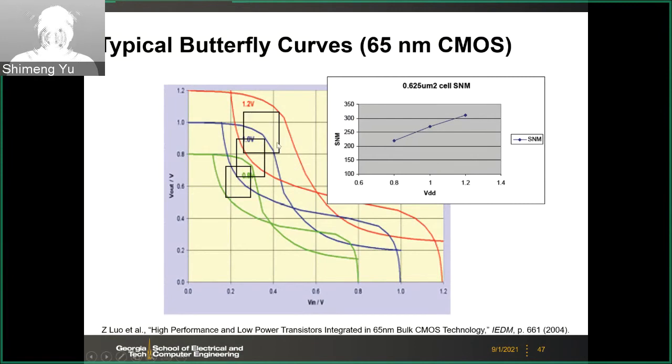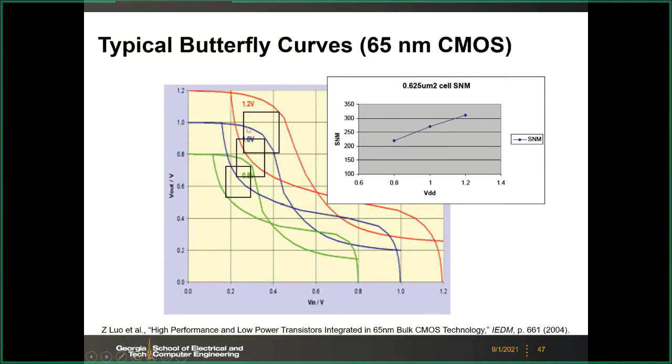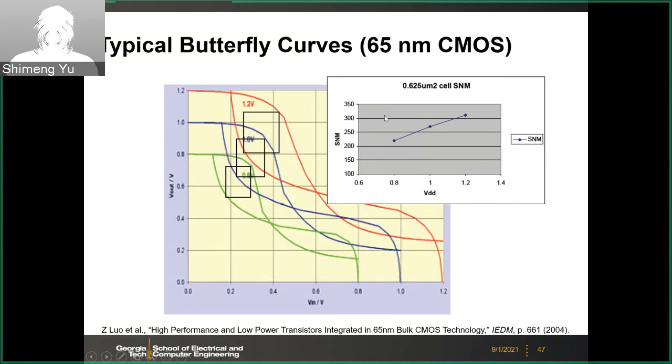So here you see the transition is very gradual, and also the low level is raised up. If you do the butterfly curve and then extract the SNM, you see that with VDD from 0.8 volt to 1.2 volt, the noise margin is about 200 millivolts to 300 millivolts, and this is reasonable.